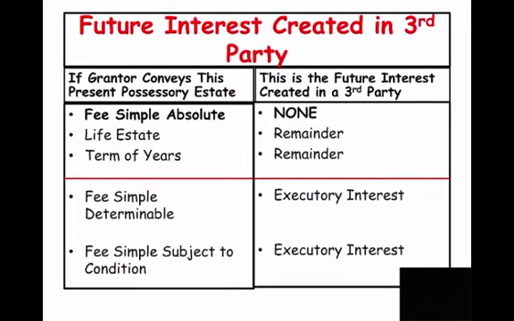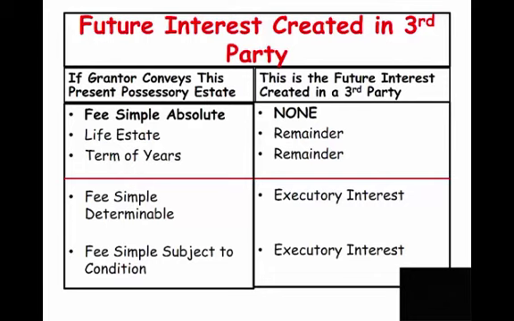This remainder, like the reversion I was just describing, waits for the natural end of the prior estate, either the death of the life estate holder or the end of the term of years, and then becomes possessory. It does not cut off the prior holder's interest, but waits until the natural end of the prior holder's interest.